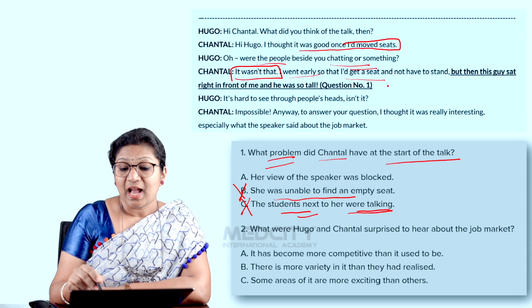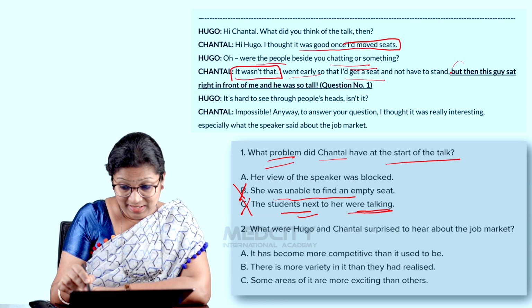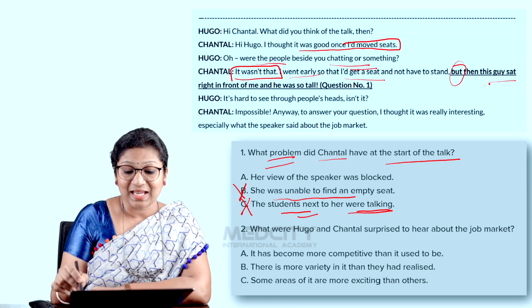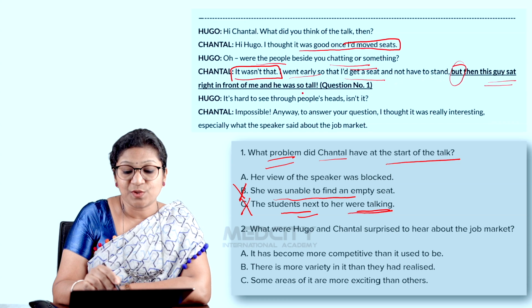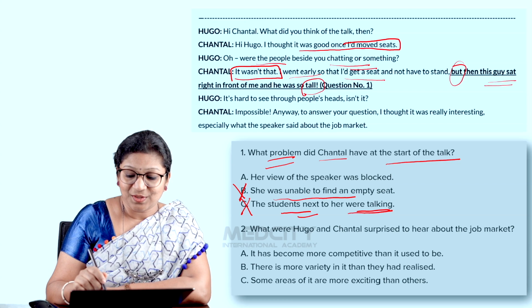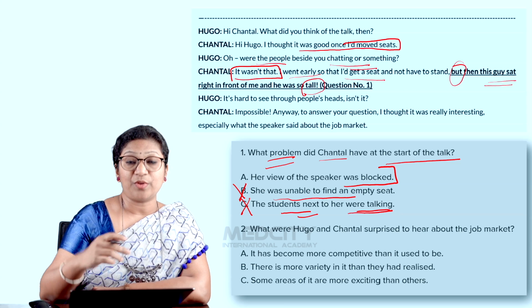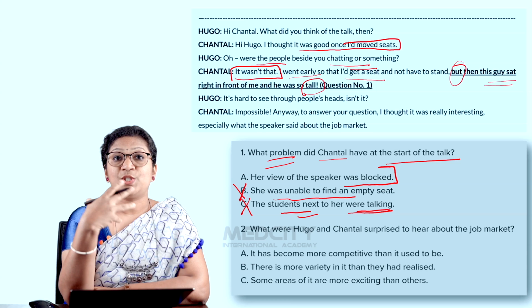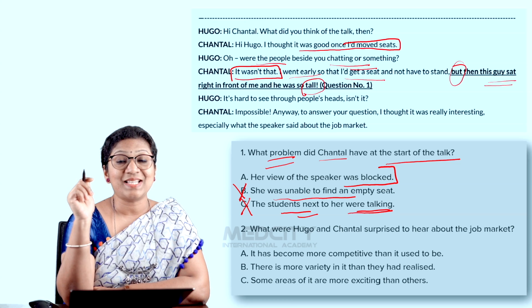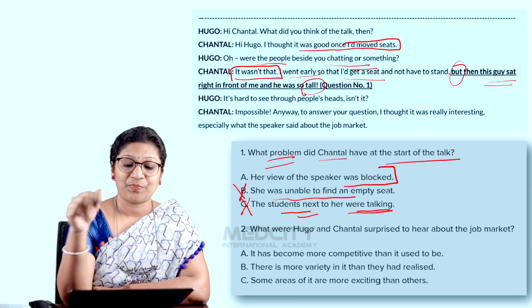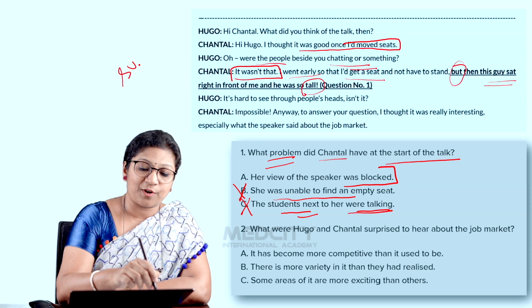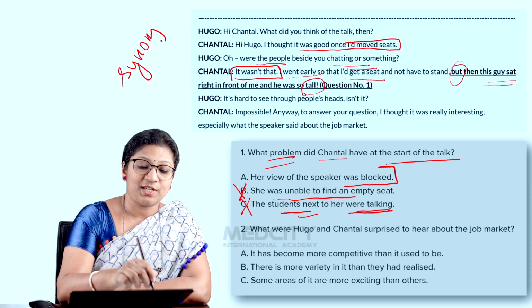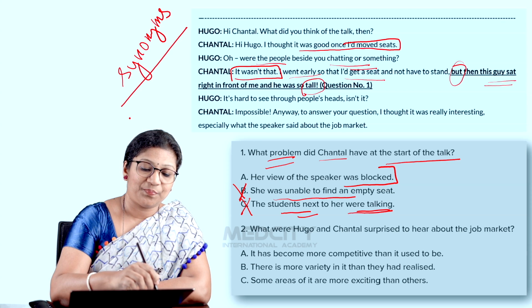Then she said, but then this guy sat in front of me and he was so tall. So the view of the speaker was blocked. Now remember, whatever words you listen to in the audio, the exact same words will not appear in the question. We have to be prepared for what is called synonyms or paraphrasing.